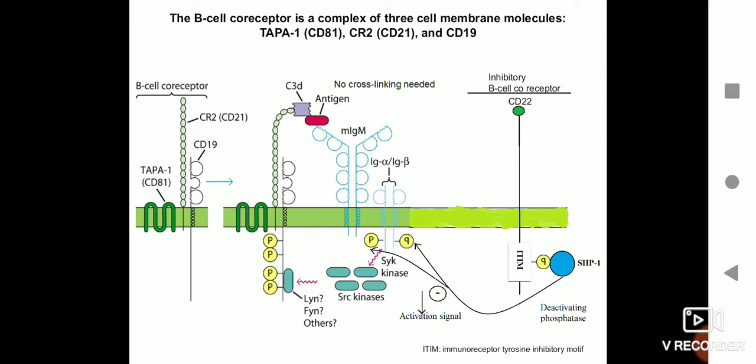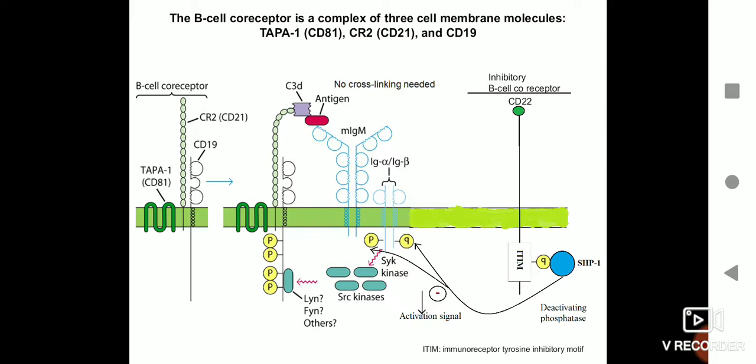So I'll repeat it again. The B cell co-receptor is a complex of three membrane proteins called TAPA1, CR2 and CD19. This CR2 can bind to a complement protein called C3d. When this complement protein binds to CR2, it can initiate binding of this co-receptor to an antigen bound to BCR.